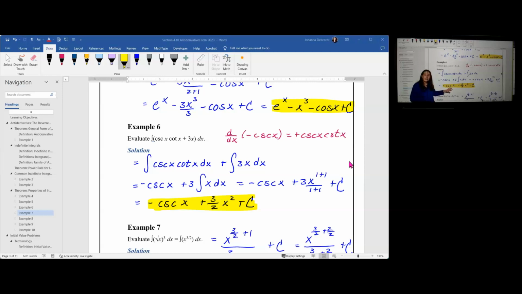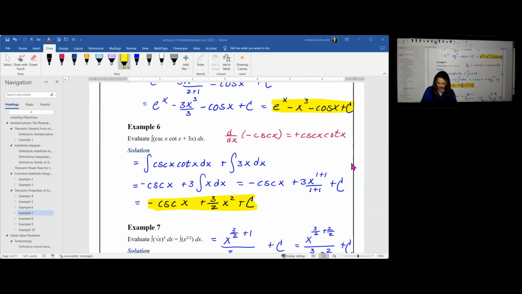The result is negative cosecant x plus 3/2 x squared plus a constant. This gives us a family of functions up to the constant whose derivative will give us back the original integrand.